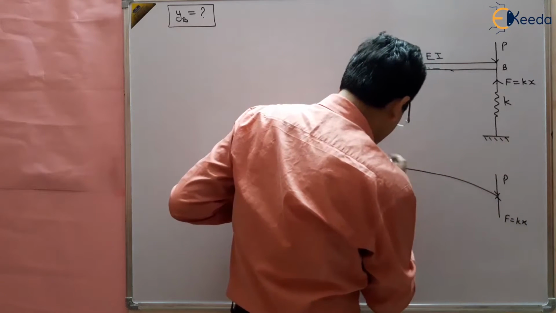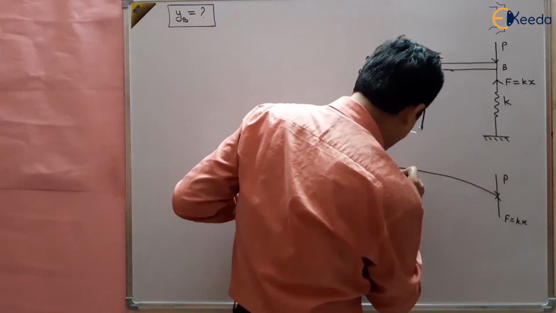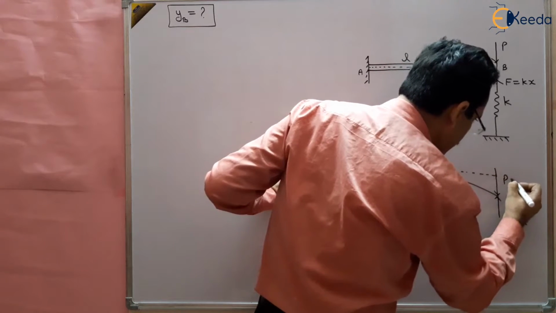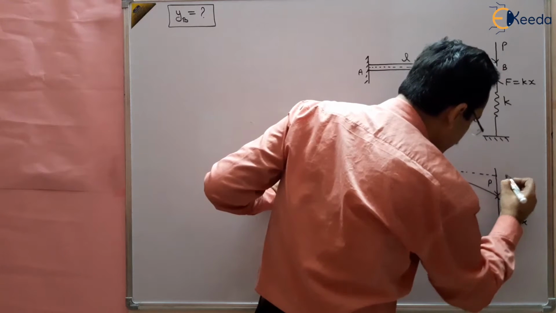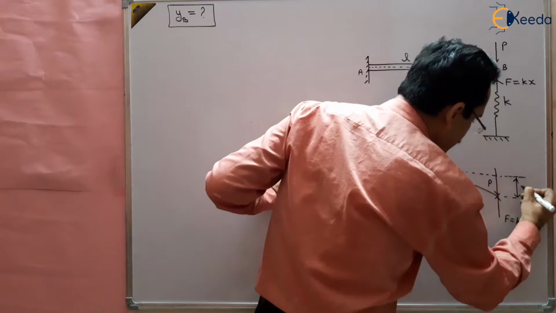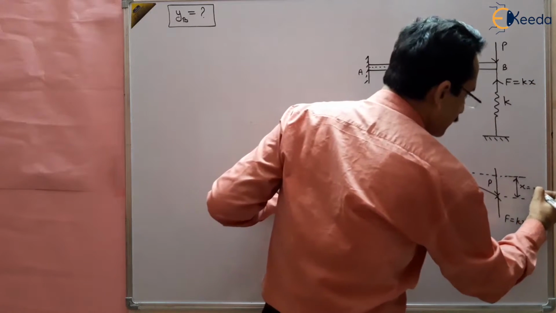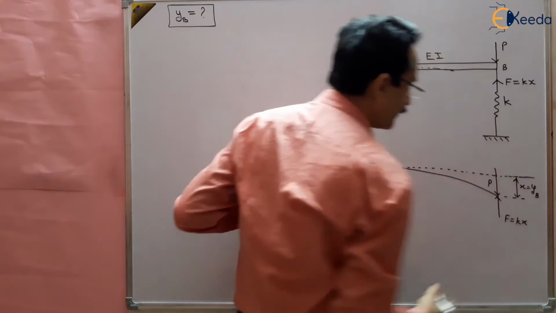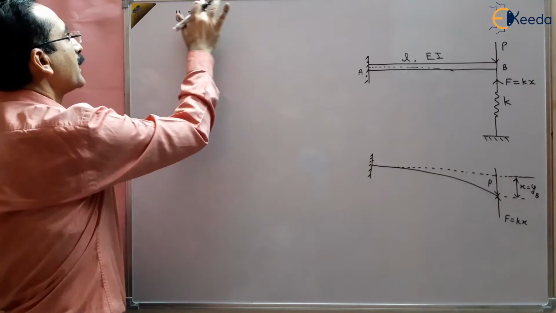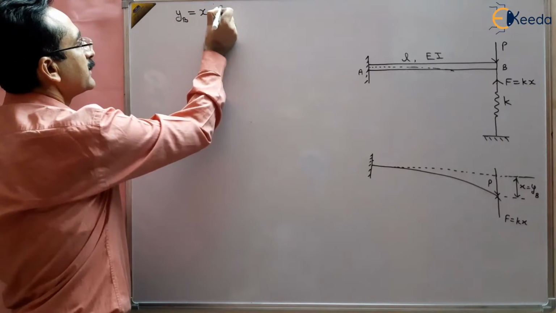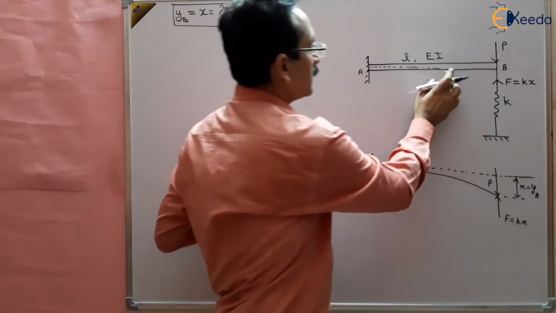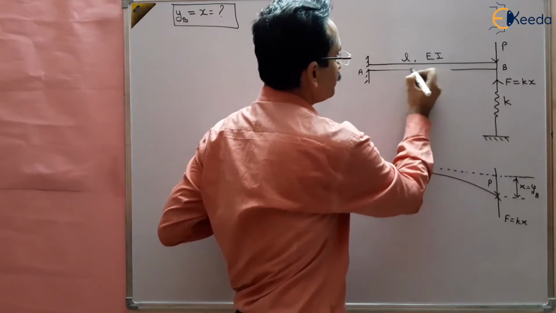And x is the deformation of the beam, which we have to find out, the deformation of the beam at point B. We are also calling this YB. So we have to find this YB, and now we are calling it x. This we have to find out, the deformation at point B.